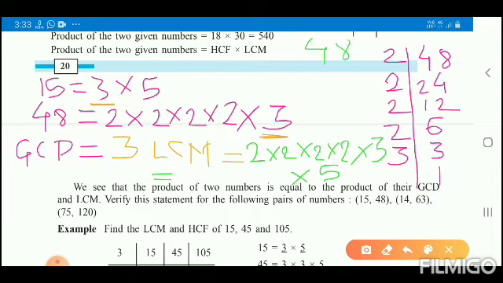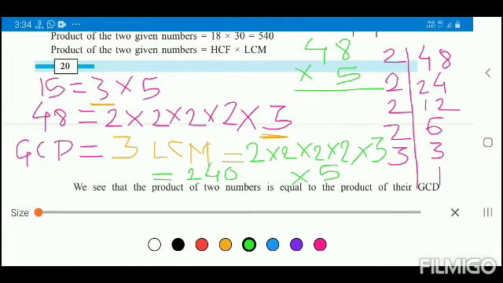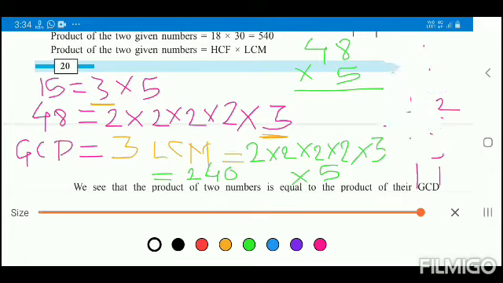So we will do it here. 48 multiplied by 5. 5 8s are 40, 4 carried. 5 4s are 20. 20 plus 4, 24. So the LCM of these numbers is 240.